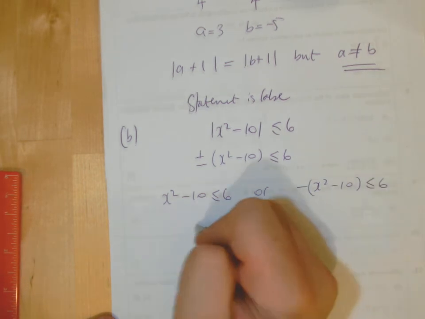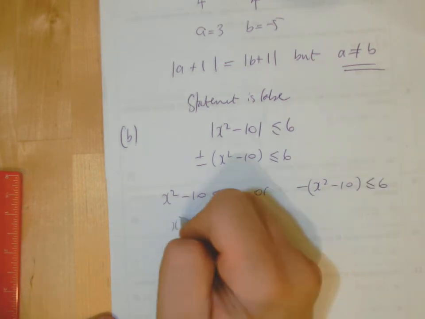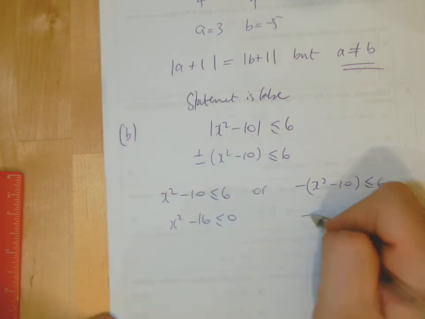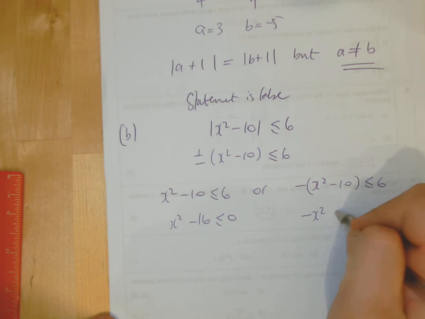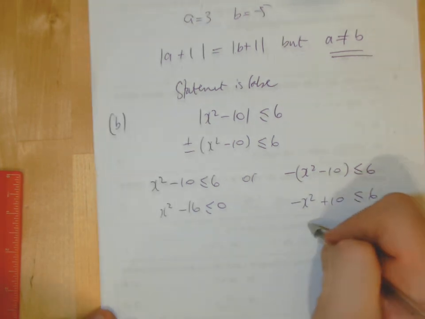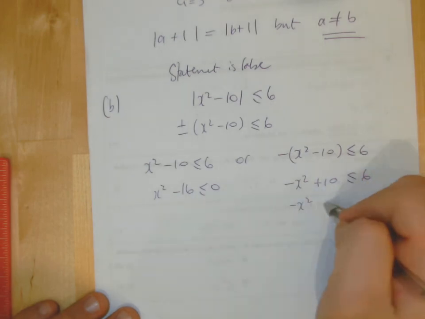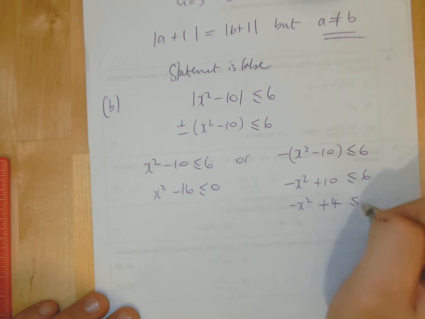The plus option means you have x squared minus 16 is less than or equal to 0, and then the minus option: minus x squared plus 10, taking the minus through, is less than or equal to 6. So here you've got minus x squared plus 4, sorry, if I take that 6 over, is less than or equal to 0.